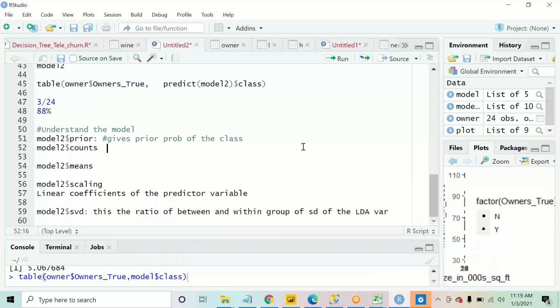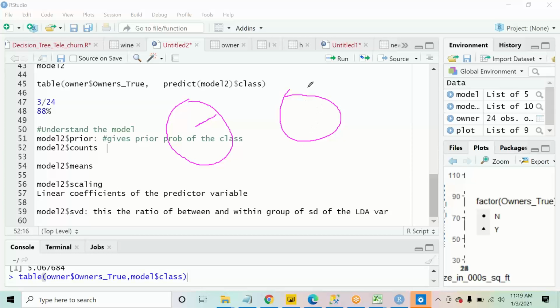Okay, so what is this basically? If you just try to understand, the ratio of between and within group standard deviation, right? We have two variables with us over here. One variable is income and another is lot size, right? So there will be one variance lying inside this group, okay?